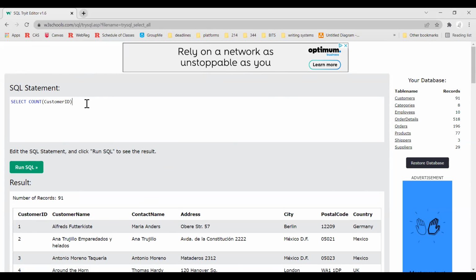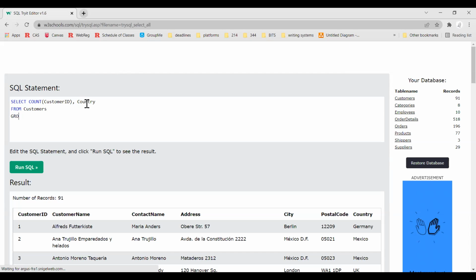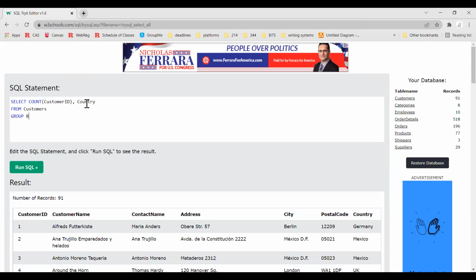And what else? We need the country, obviously, because that's what we're looking for. From customers is the table once again. And this time we're grouping by the country. So everything of the same country is going to be grouped together for the count. Order by this again.